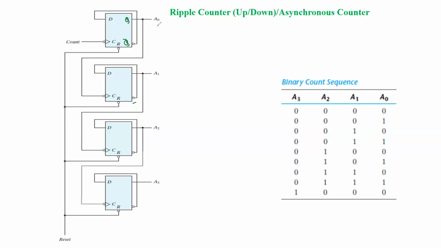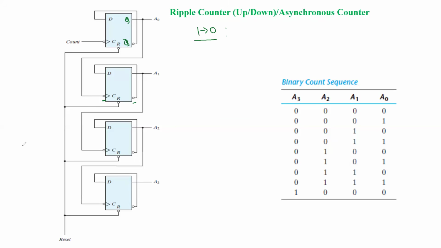And here A0, the output of the previous flip-flop, is given as the clock pulse, where the symbol is a bubble. So whenever a transition takes place from 1 to 0, only then is it going to trigger the successive flip-flops, and only then will a change take place in the successive outputs.